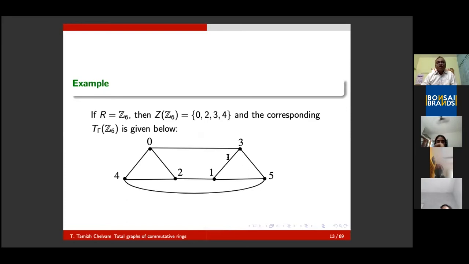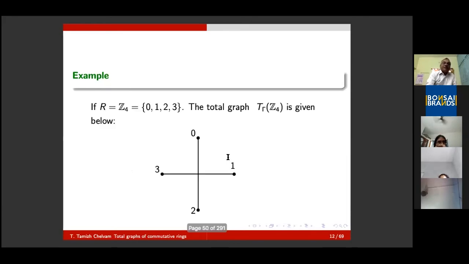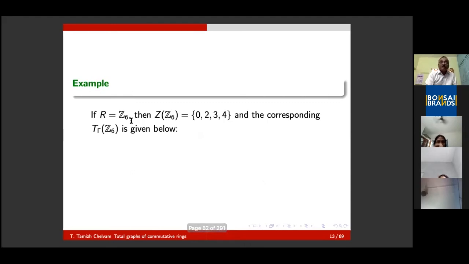Naturally, the immediate problem that comes to mind is: what is a necessary and sufficient condition for the total graph to be connected? An algebraic condition is available. Please look at the fact that here {0, 2} does not generate the additive group of the ring Z4, addition modulo 4, whereas the set of zero divisors of Z6 generates the additive group of that ring.